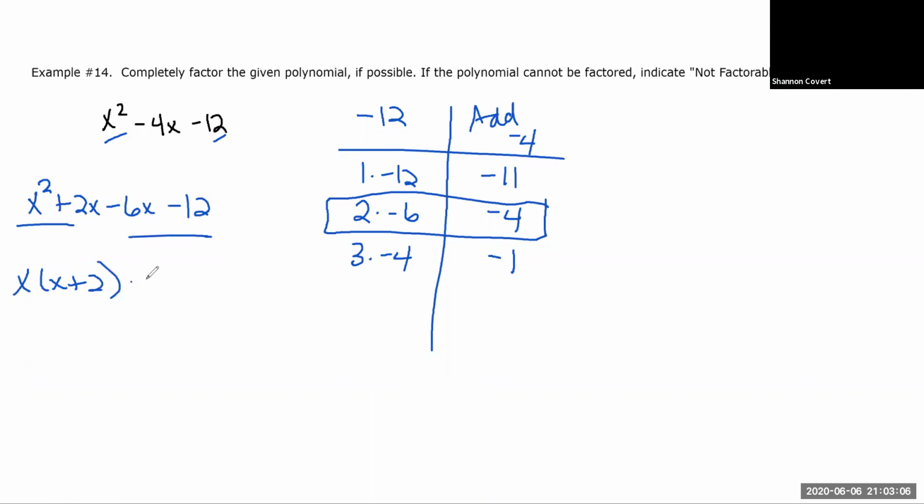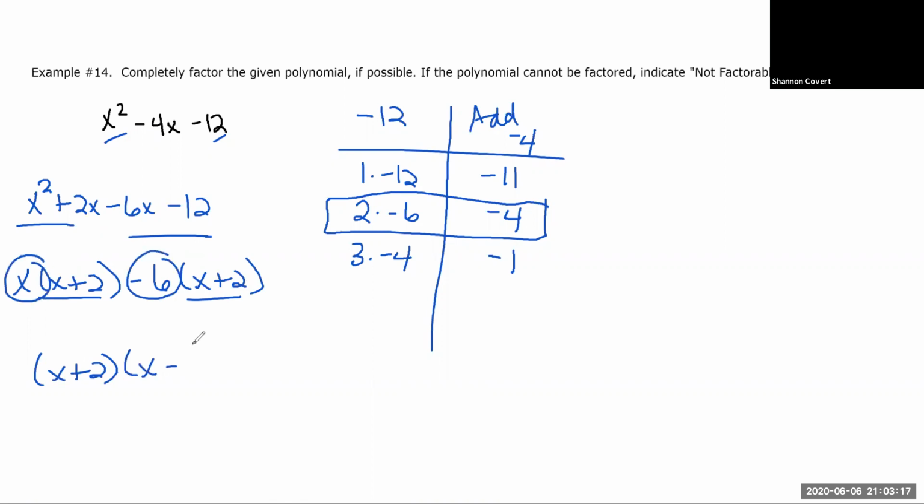Greatest common factor between the second two is a negative 6, which leaves me with x plus 2. So there's our binomial, x plus 2. And my other parentheses is going to have what's left, which is x minus 6. So that's what you're typing into Hawks right there, and I'm going to box it.